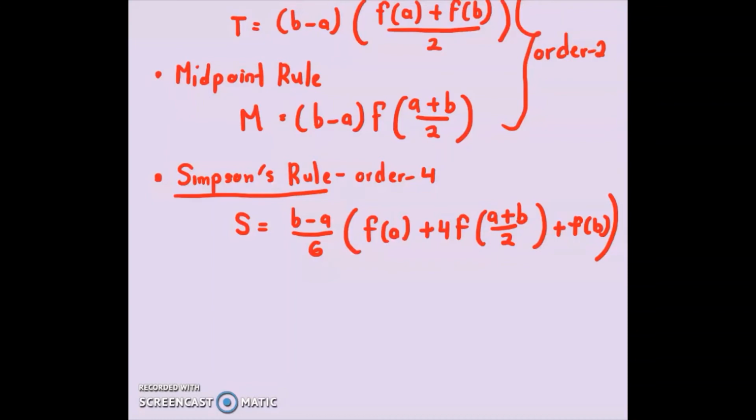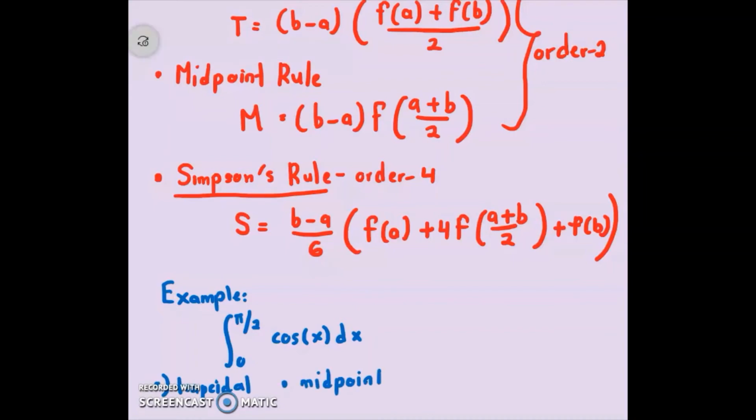Let's say find the approximation to the integral from 0 to pi over 2 of cos x dx by using trapezoidal, midpoint, and Simpson.